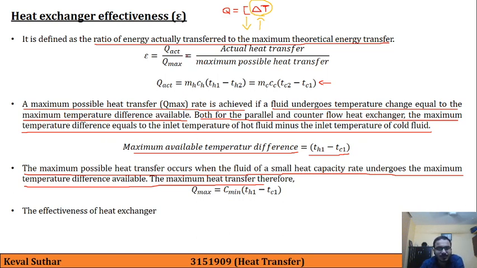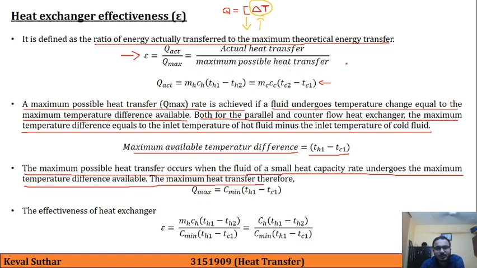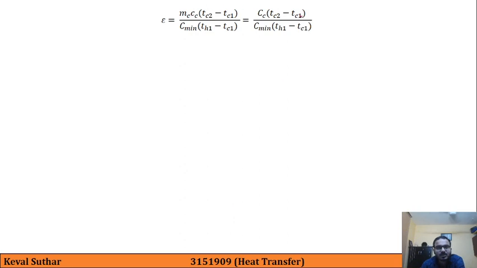So the effectiveness of the heat exchanger, based on this formula we will write down, is equal to actual heat transfer divided by maximum possible heat transfer. So it can be written in this way, that the denominator will remain Qmax, that is C minimum into TH1 minus TC1, and in the numerator we can keep the Q for hot fluid, and we can also keep it for cold fluid, that is also written over here.